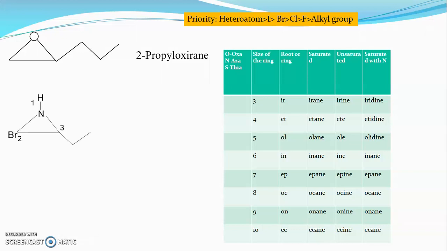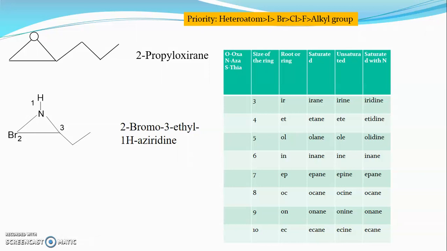Now this one is a 3-membered saturated ring with nitrogen, so it's aziridine. But here you see a halogen and an alkyl group also. For halogens, it will be after the heteroatom, bromine will be the next priority, so the second number is given to it. And then the third number will be given to the alkyl group. So the naming will be 2-bromo, 3-ethyl and 1H.